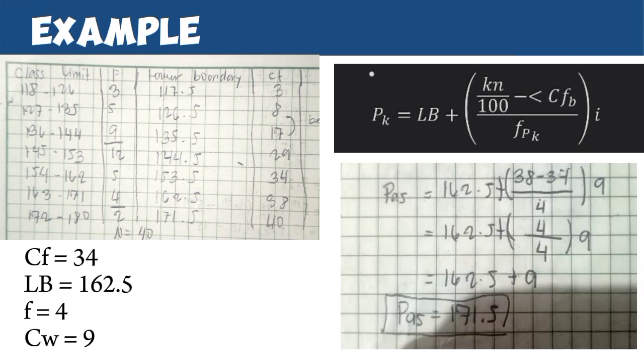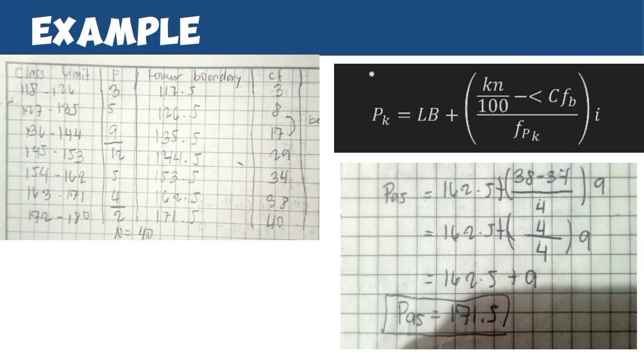Now, the value of lower boundary is 162.5 plus the value of kn is 38 minus the cumulative frequency is equals to 34 over frequency is 4 and divided by class width is 9. So copy the lower boundary, which is 162.5 plus 38 minus 34 is equals to 4. Copy the 4 and the 9.